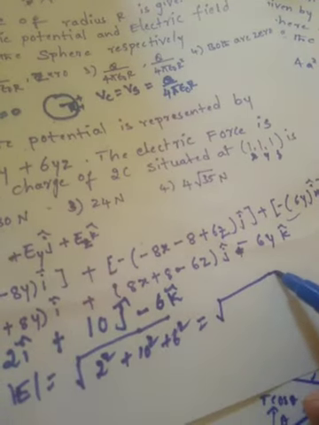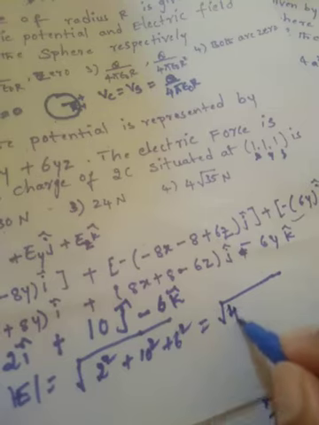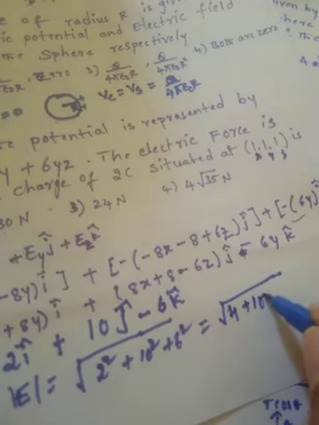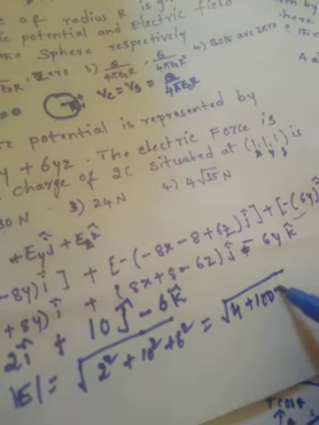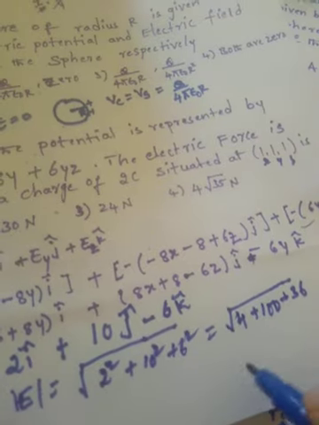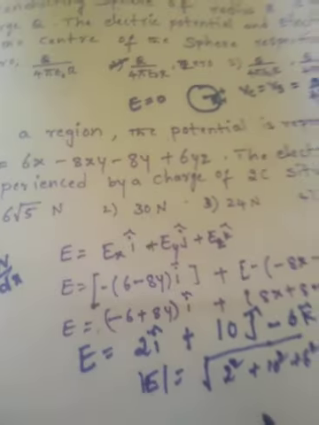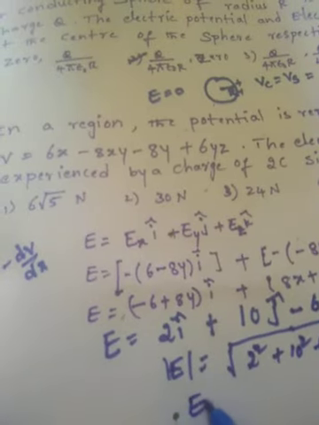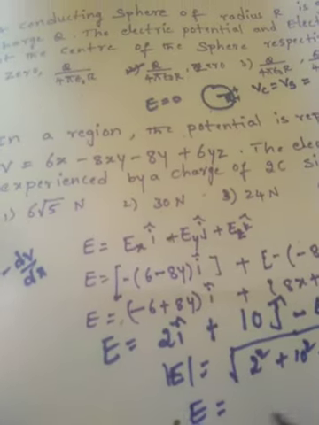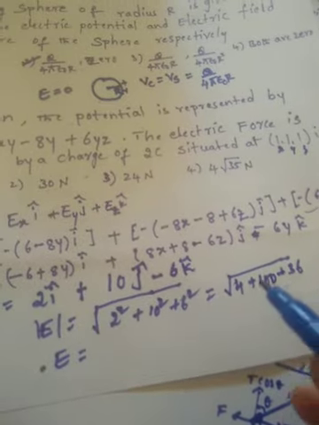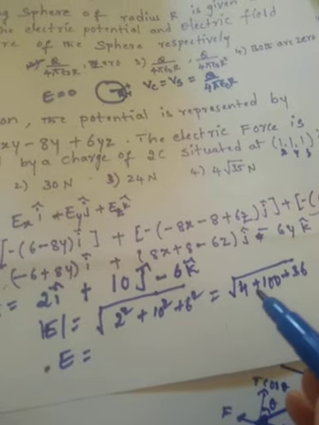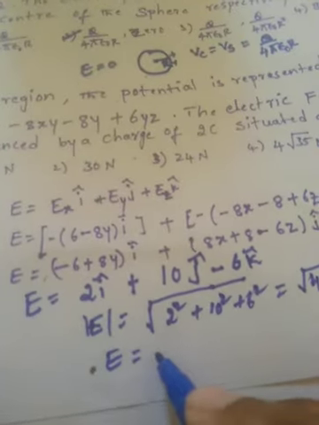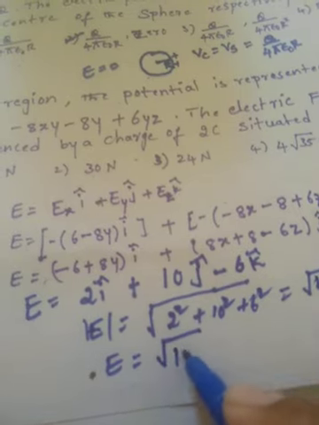Square root of 4 plus 100 plus 36. So E is equal to, 136 and 4 totally, root of 140.